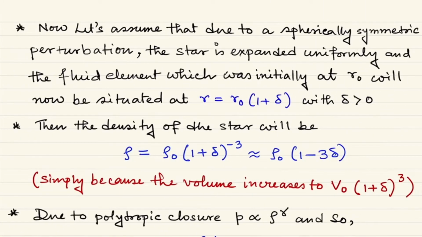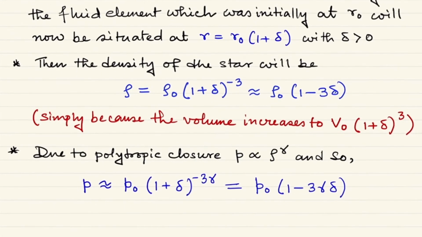We are now calling all the initial variables r0, rho 0, and P0. So rho 0 is the initial density of the star, and r0 is the initial distance coordinate.